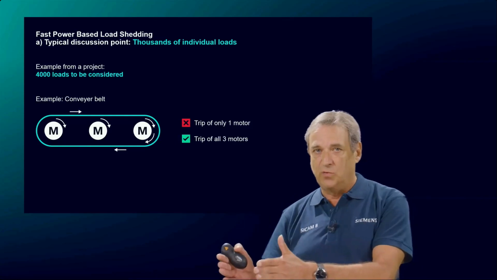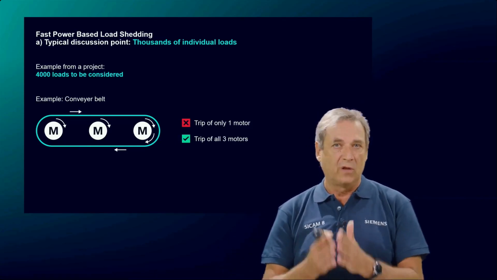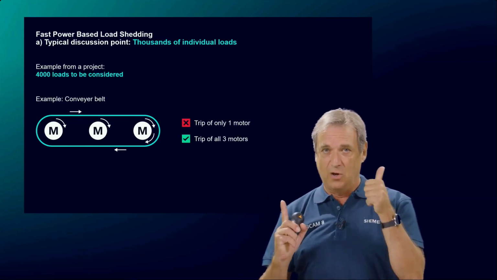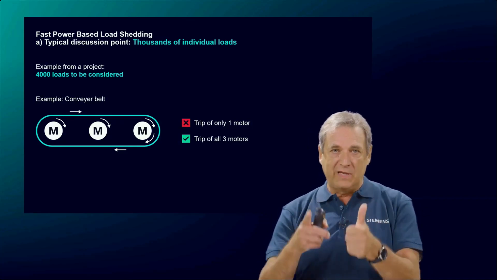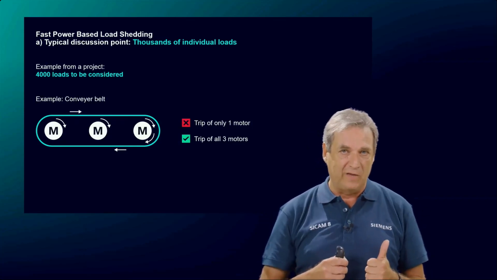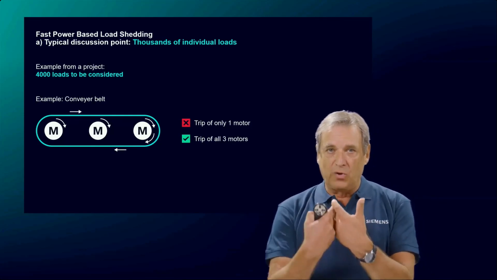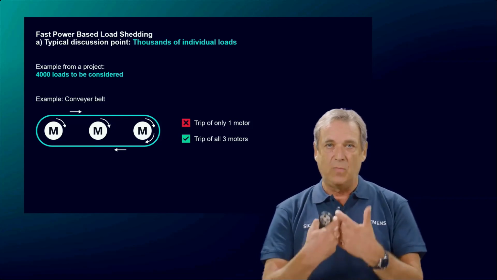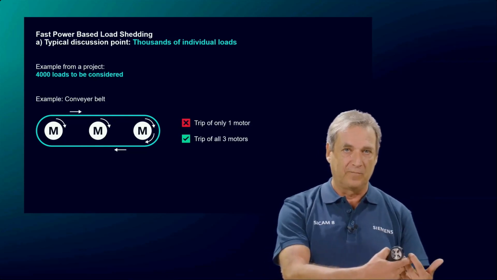In such a case, it would make sense to consider only one IEC 61850 GOOSE message, the main message, for all the 3 different output relays. It is also easy to sum up the power consumption of these 3 motors. In this scenario, the 3 motors would still count as one load for load shedding.